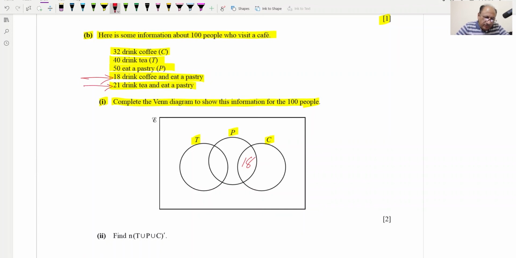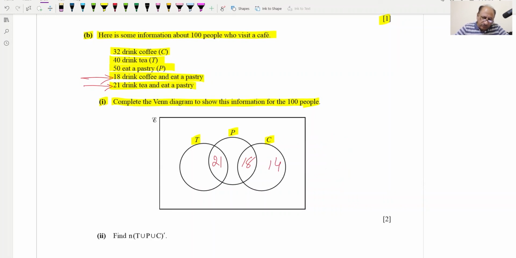So 21 will be in this region. Then they are saying 32 drink coffee. So out of 32 we have written already 18, so the remaining will be 14. So 14 will be on this side which we have calculated.